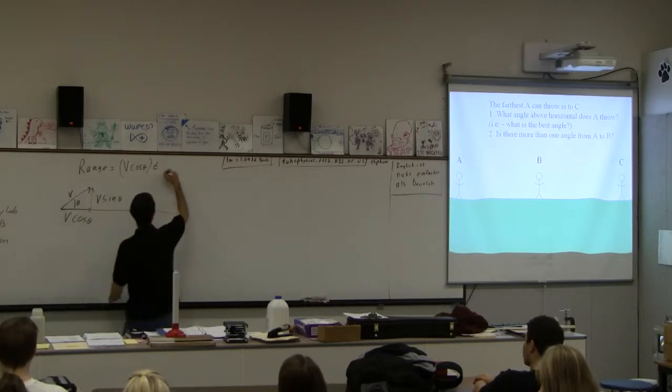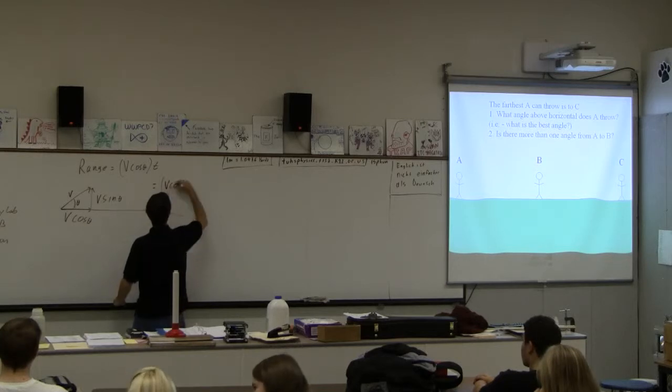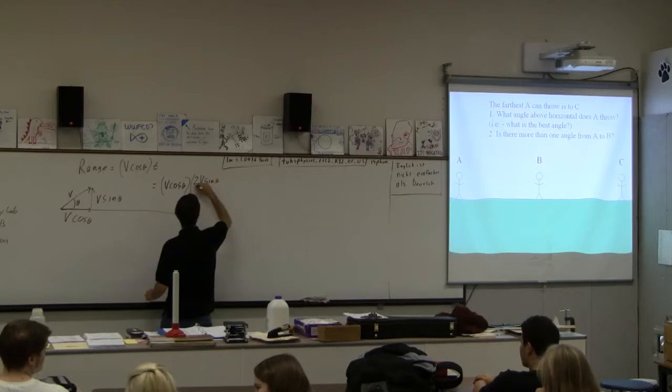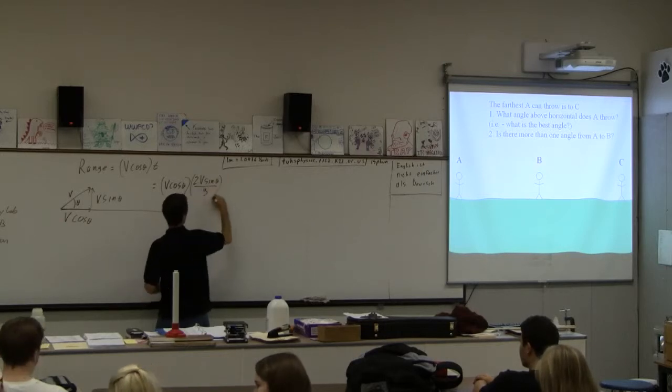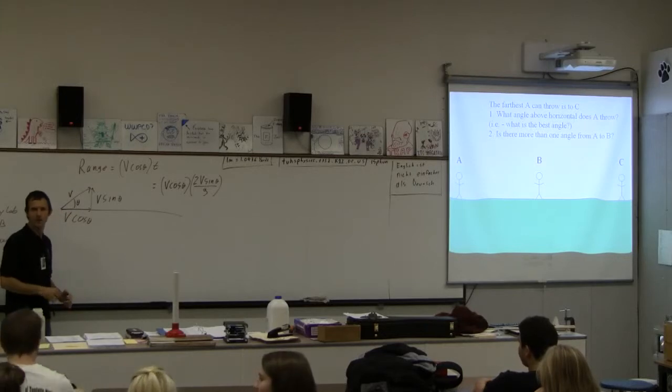So this becomes v cos theta times twice v sine theta over g, where g is 9.8.